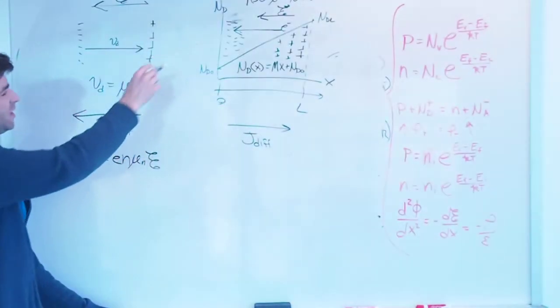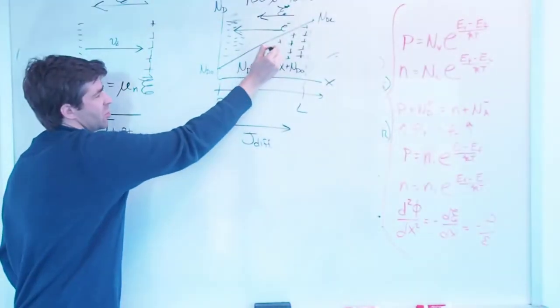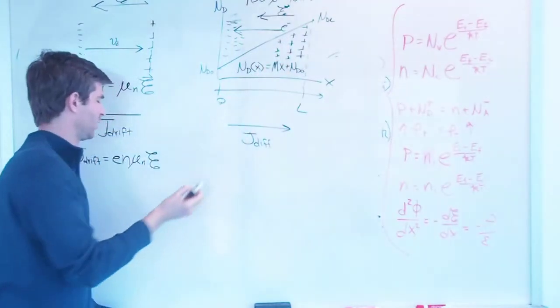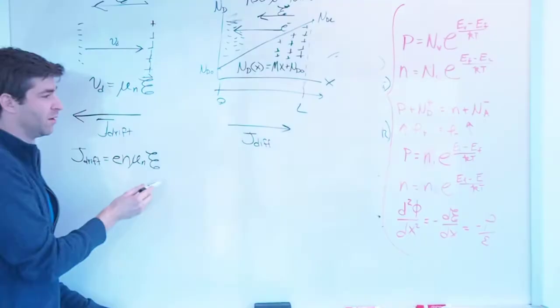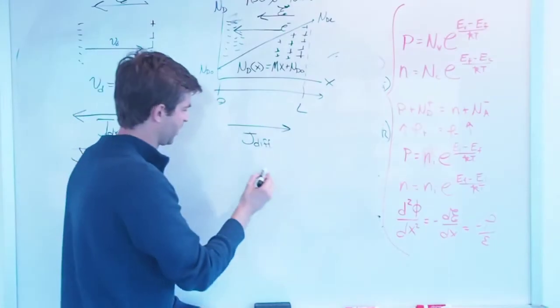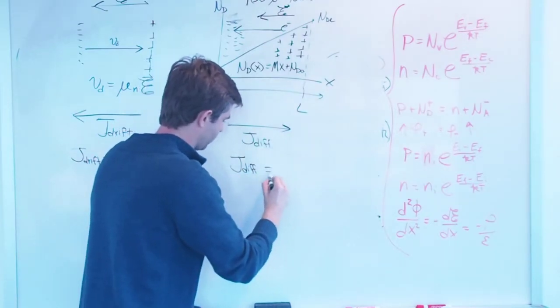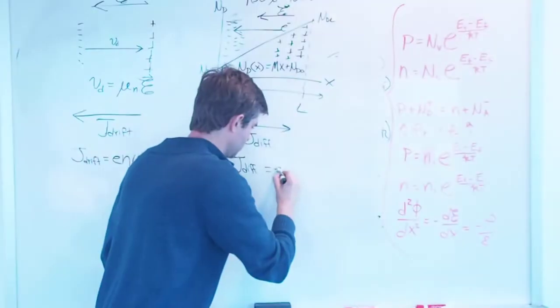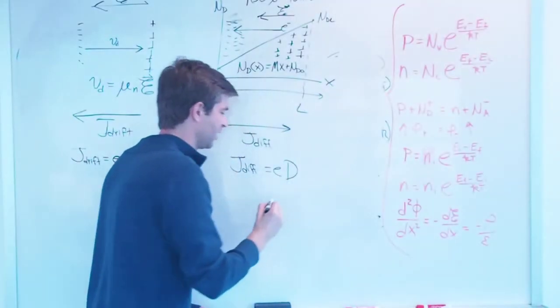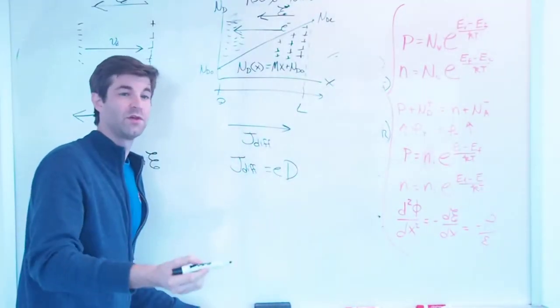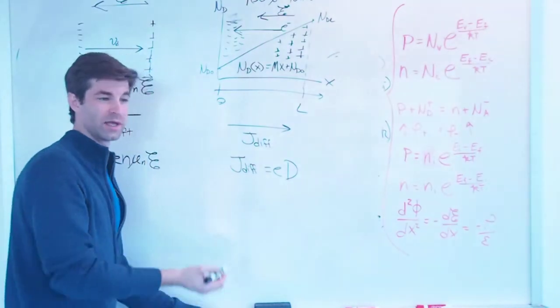And E could be, we do have charges changing over distance. There is a gradient, so E may not be a constant in this case. Similarly for diffusion, J diffusion for an electron is equal to charge times another constant called the diffusivity. And we'll find diffusivity is actually very much related to mobility.